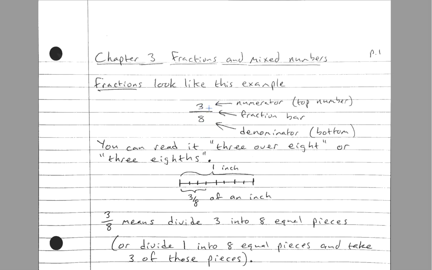Well, you could just say it's 3 over 8, or maybe better is 3/8. And the second word isn't eight, it's eighths with a th. For fractions you usually need that th. So 3/8.